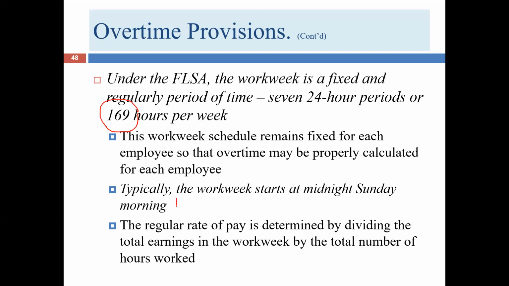Typically, this begins at 12 a.m. Sunday morning, and it goes to 11:59 p.m. Saturday night. It doesn't have to go that way. The employer has some flexibility about when it begins or ends, but it does have to be 7 24-hour periods.